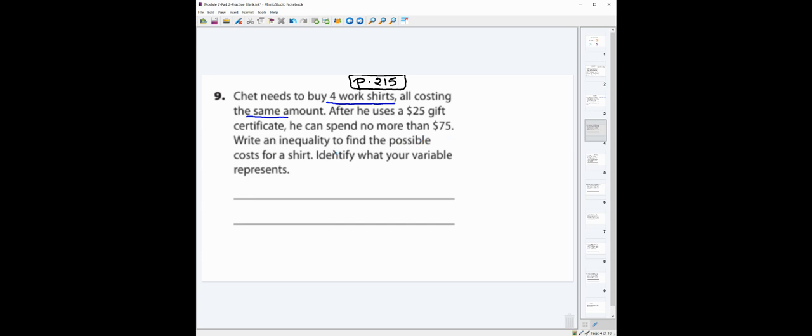Now they want us to write an inequality to find the possible cost for a shirt. So let C represent the possible cost of each of the 4 shirts.